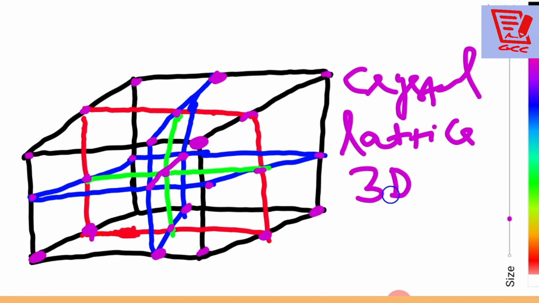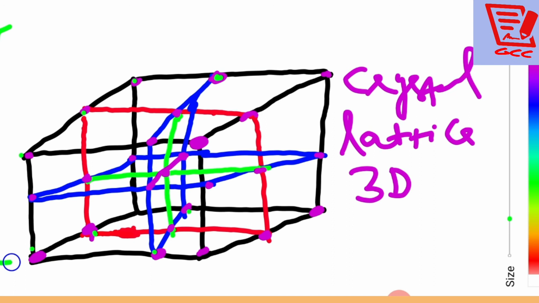The regular arrangement of constituent particles. These are the atoms or the molecules which are present over here. Clear? Same thing I told you: the arrangement of constituent particles, atoms, ions or molecules of a crystalline solid in 3D, that is called the crystal lattice.